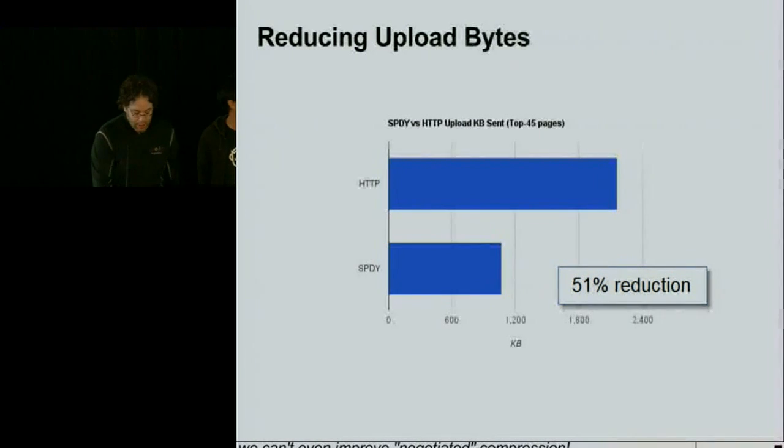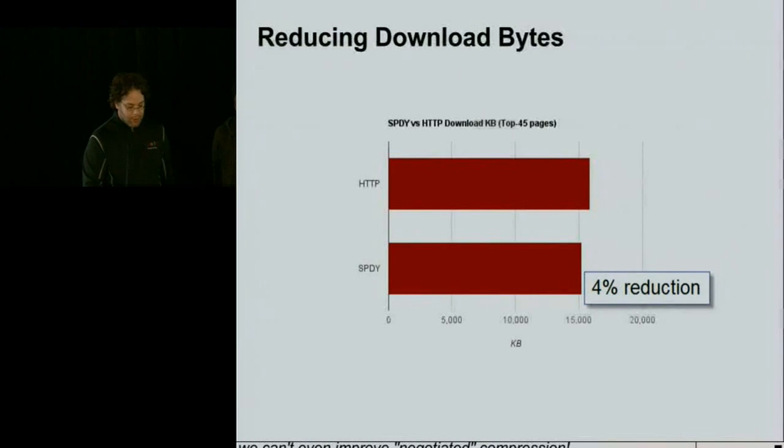All right. So download, as we can see, there was nowhere near as much impact here, and that is because the majority of the download is actually, unsurprisingly, what you want to see. It is data. So we are not reducing by a whole lot the amount of data that is downloaded, at least not today, because much of the data, at least in our tests, was compressed.